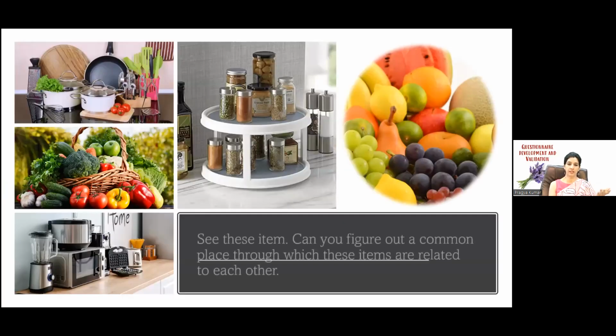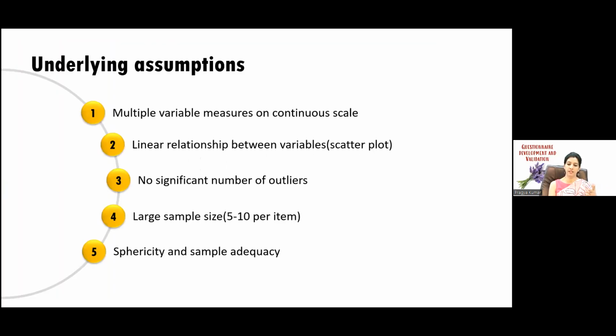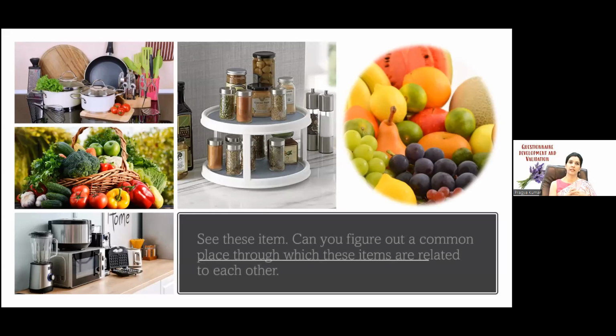Now there is a concept of multicollinearity. So before I explain this sphericity and sample adequacy, what do you understand by multicollinearity? Multicollinearity is the similar object or similar subjective domain correlating with each other. Like in this picture, you can see that all these are the kitchen utensils. So this will be multicollinear.